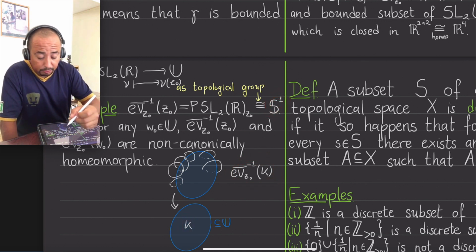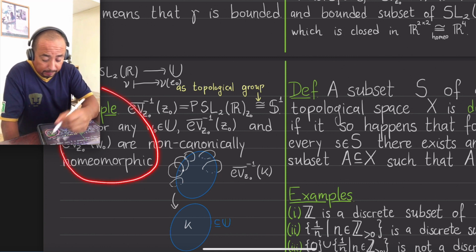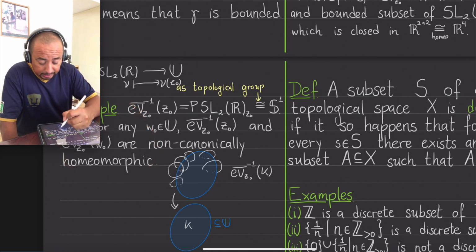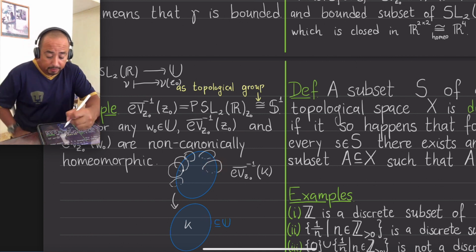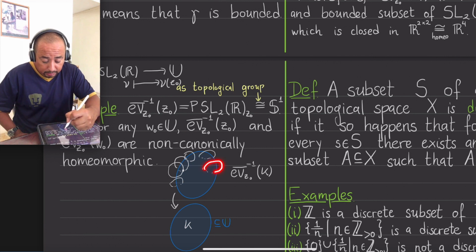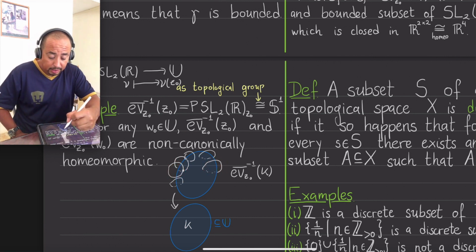At this point, I only know by this example that for each point the preimage is homeomorphic to a circle, but like this circle and this circle, the homeomorphism I constructed was not canonical. It depended on a choice.